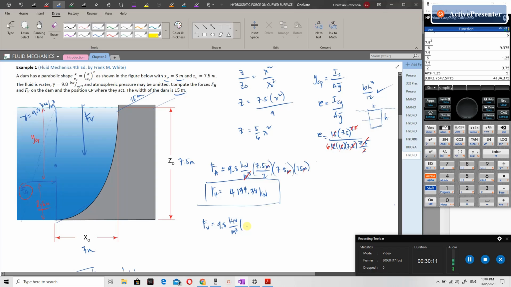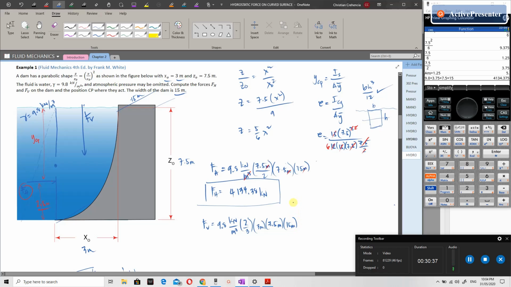Yung volume natin is yung area ng 2/3 nung rectangle. So 2/3, then yung rectangle natin is 3 meters, then yung height natin na 7.5 meters and yung width na 15 meters.